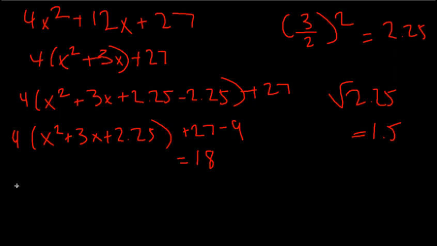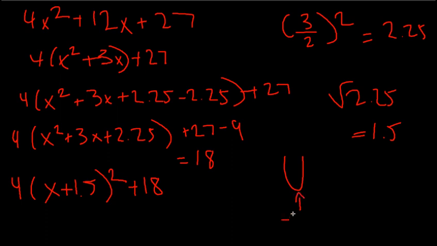So now it's 4 times (x plus 1.5) squared plus 18. So now your vertex is at negative 1.5, comma, 18. So that should look like negative 1.5 and then 18. And that's it.